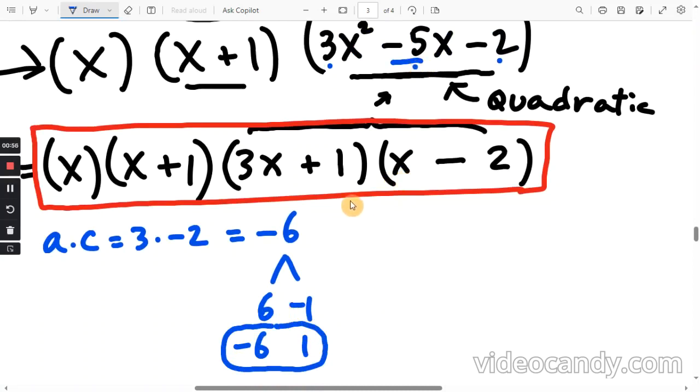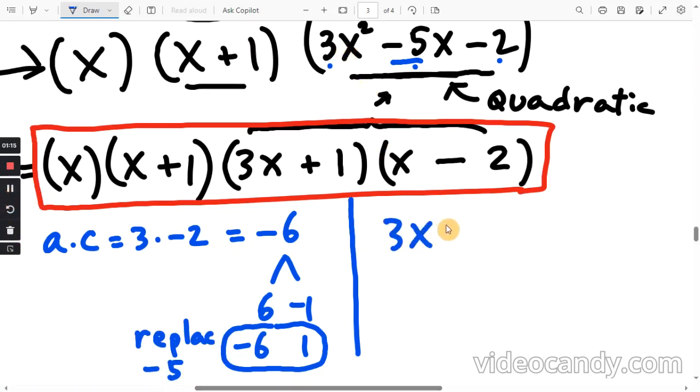So what you do here is you rewrite this, but this here replaces -5. So 3x squared, instead of -5x, we have -6x plus 1x, and on the end, we have a -2.